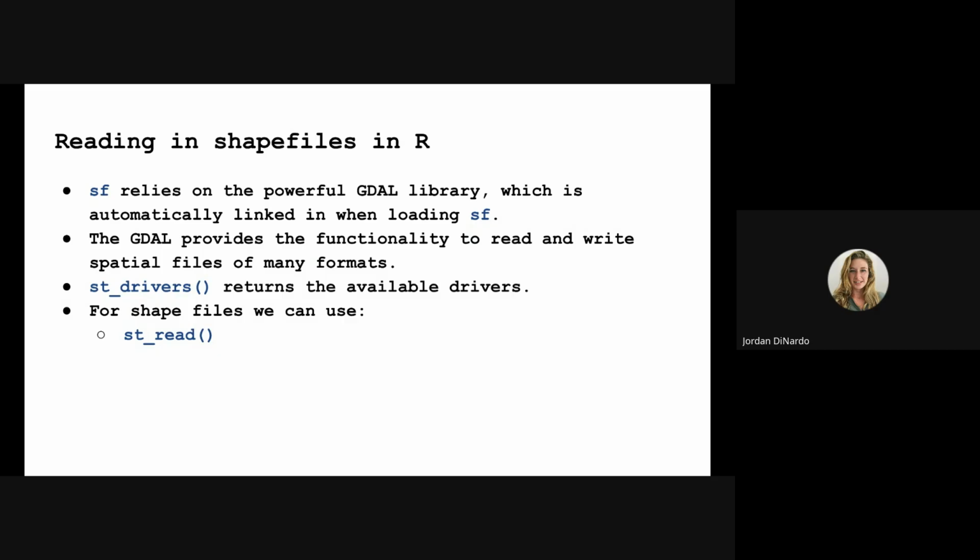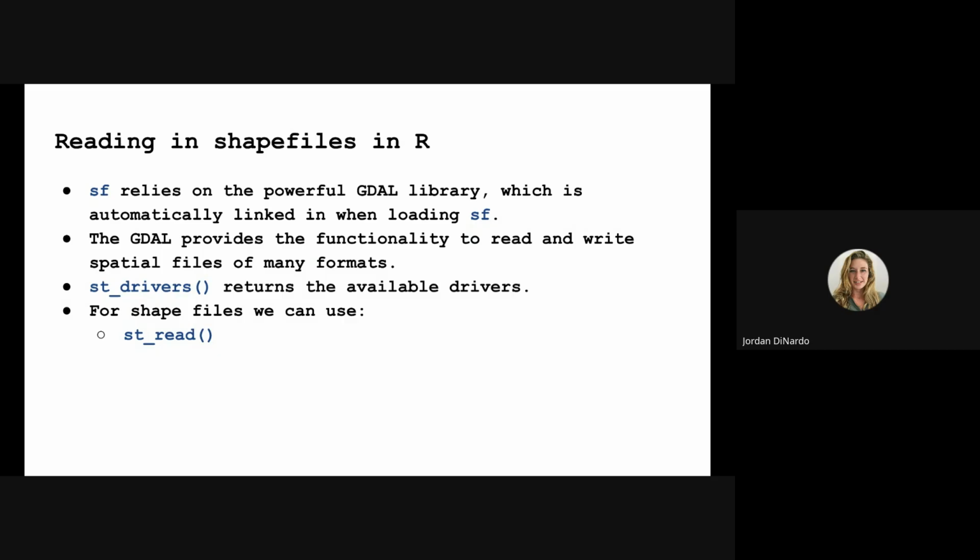Okay, so that was how to create an sf object from scratch or from a data frame, but you can also read in shapefiles that you've created in GIS or manipulated in any way, and now you want to read it into R. The sf package relies on what is called the GDAL library, which is automatically linked, and that's what it uses when reading in.